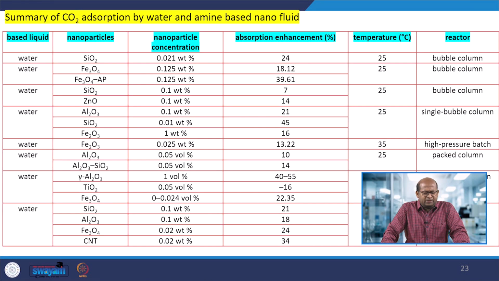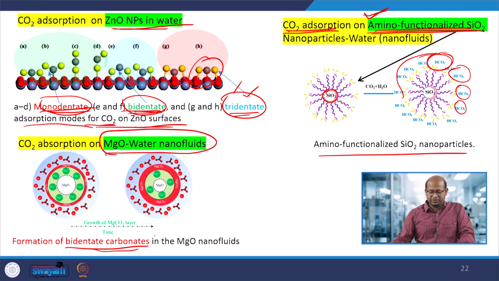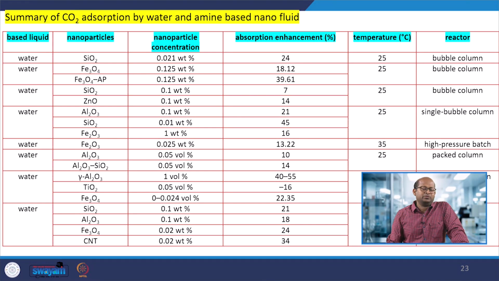Okay, so depending upon the nanomaterials, whether it is a monodentate, bidentate or tridentate CO2 adsorbed structure, or bicarbonate species or bidentate carbonate species formation, it depends on the nanomaterials we are using.